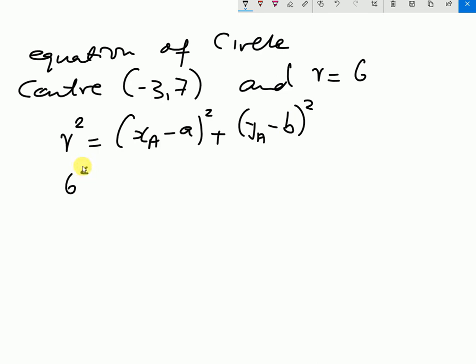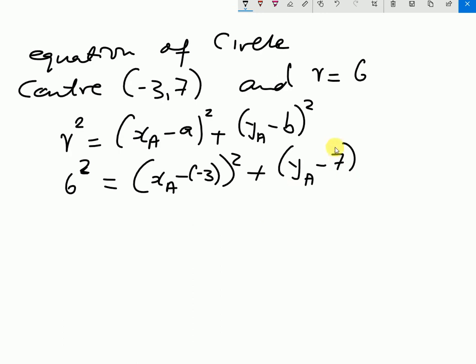So 6 squared is equal to the x at A minus the x at the center, which is minus 3, squared, plus the y at A minus 7, squared.